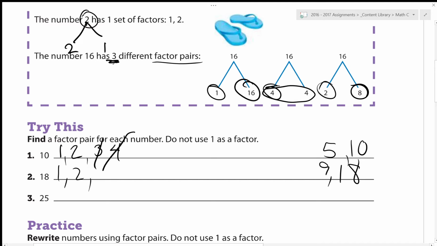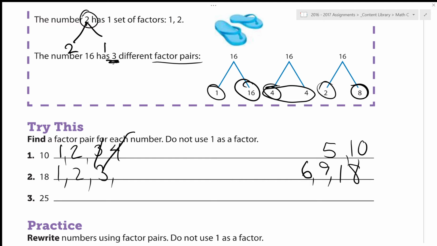Then I'm going to go to 3, because that's the next number in line. We've got 3, 6, 9, 12, 15, 18. I counted 6 times to get 6 as a factor, or 6 and 3 as a factor pair. Next, we've got 4.